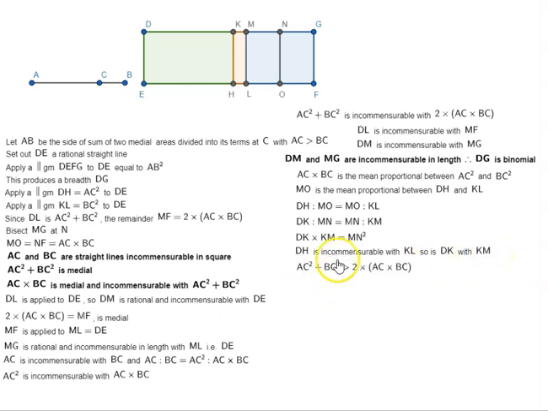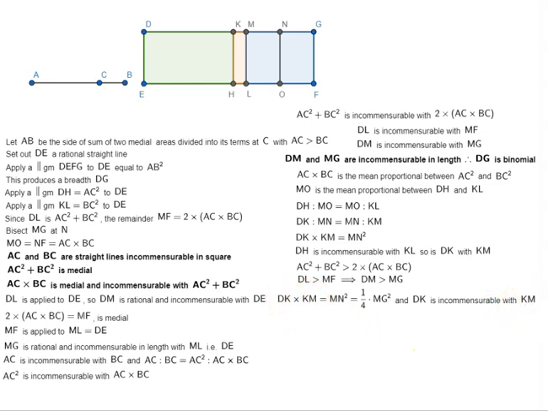You know, AC square plus BC square is greater than 2 times AC by BC. That means DL is greater than MF, which means DM is greater than MG. So DK by KM is equal to MN square, and MN square is nothing but 1/4 of MG square, and DK is incommensurable with KM.